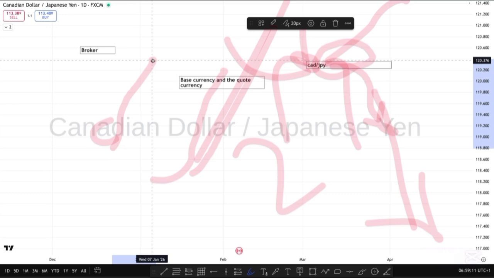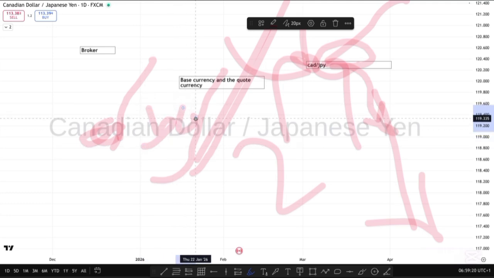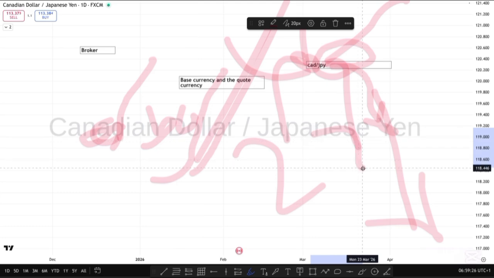If the market is buying, if price is buying, it's an indication that your base currency is bullish. And if the market is selling, it's an indication that your quote currency is stronger, not bullish, stronger, right? And so that's it for currency pairs.